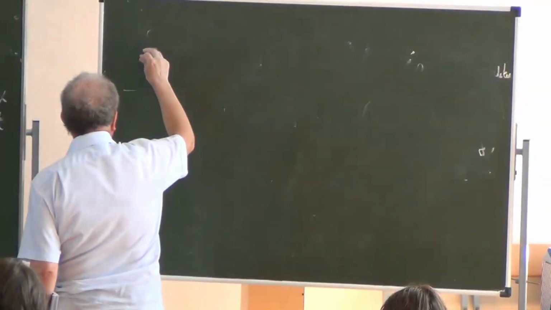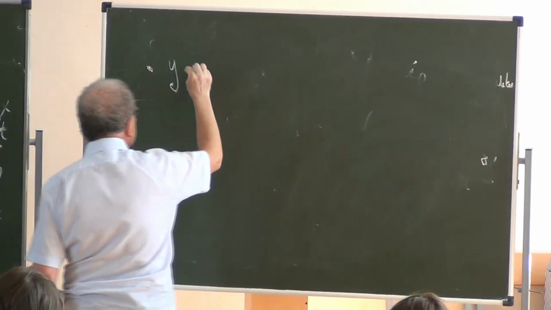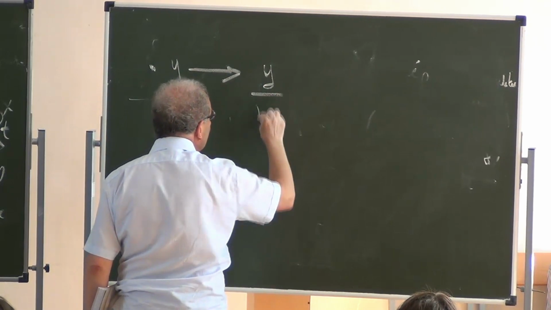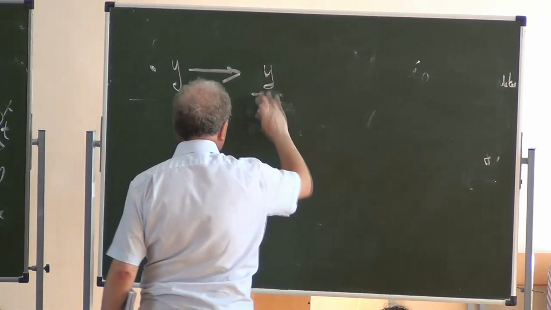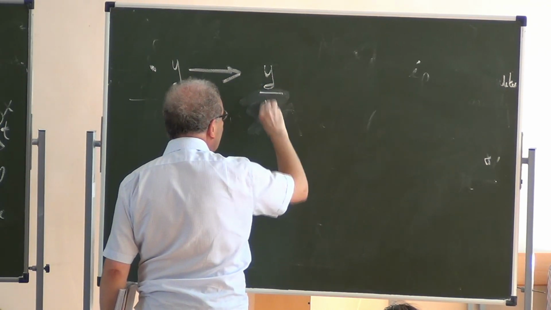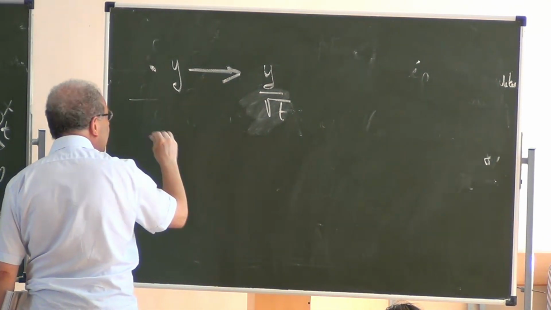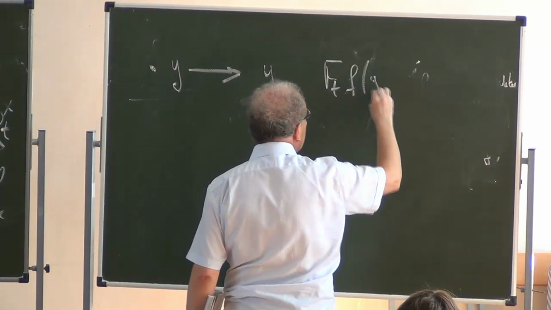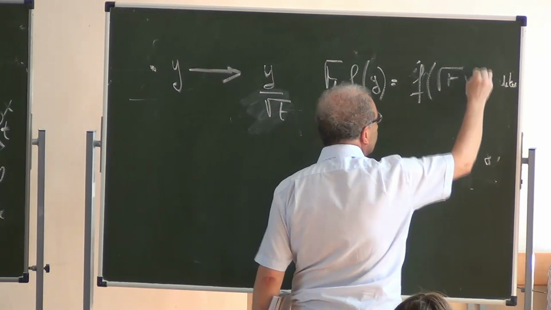Now, the second thing that we do is that we do a change of coordinates. We make y gives y divided by square root of t. So in other words, we conjugate: let me call ft of f at y, this is f of square root of t y.